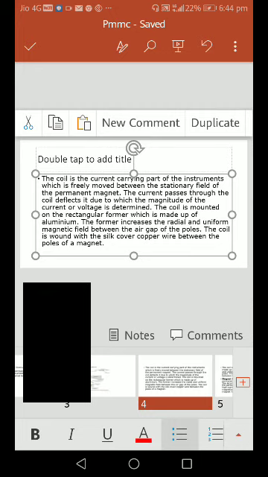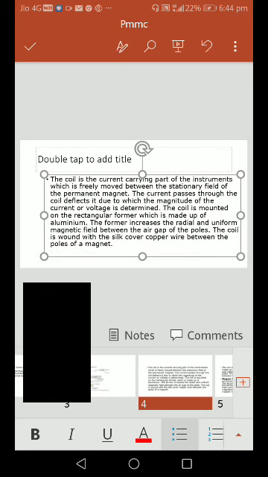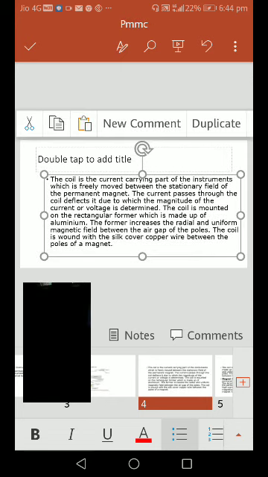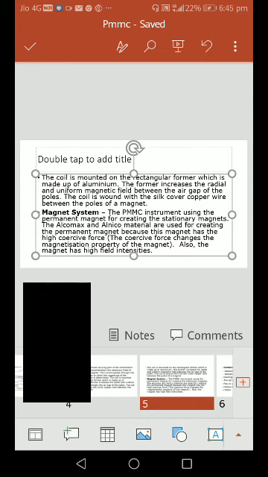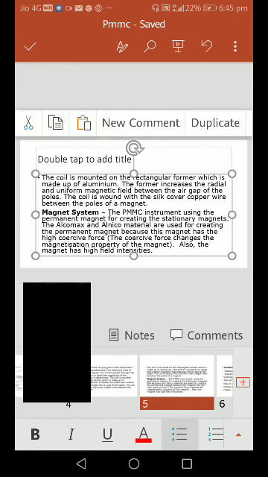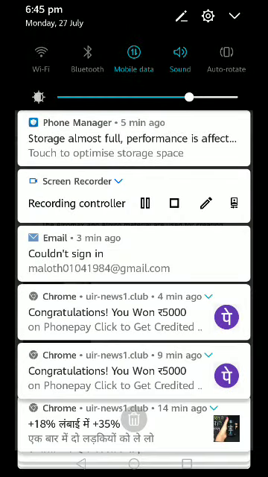The coil is mounted on a rectangular former made of aluminum, which gives a radial and uniform magnetic field in the air gap between the poles. The coil is wound with silk covered copper wire between the poles of the magnet.